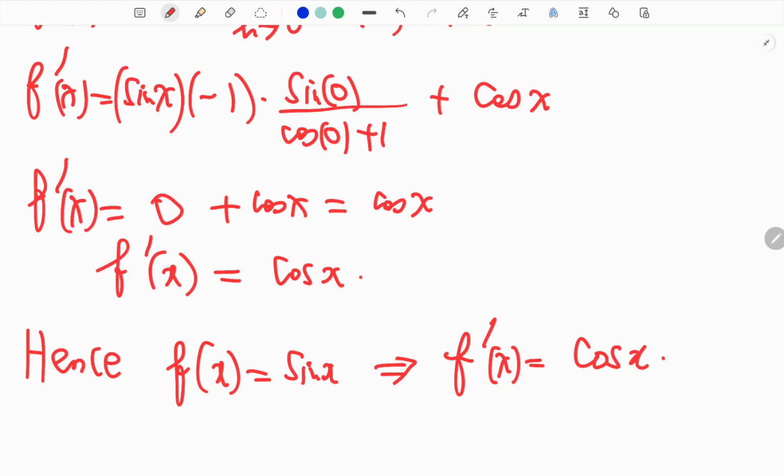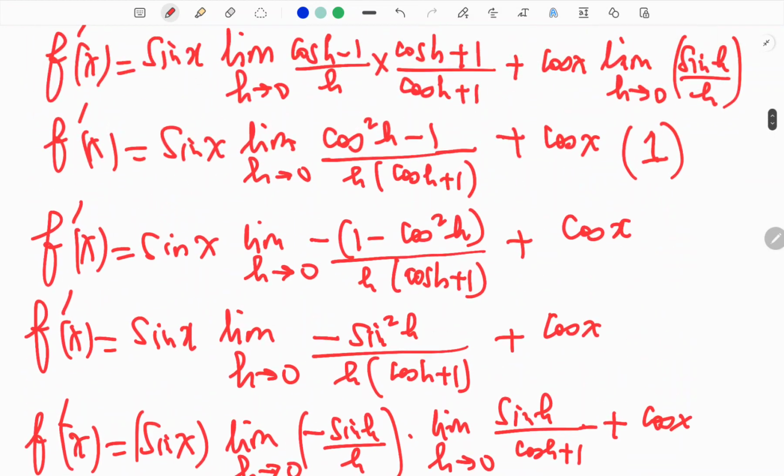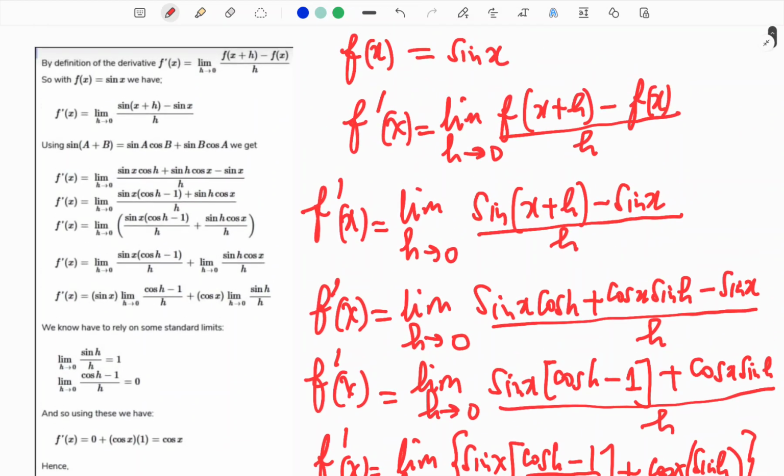And this is the end of this. Okay, so we have answered the question. So if f of x is sine x, then the first derivative is cosine x. And this is what had to be shown here.